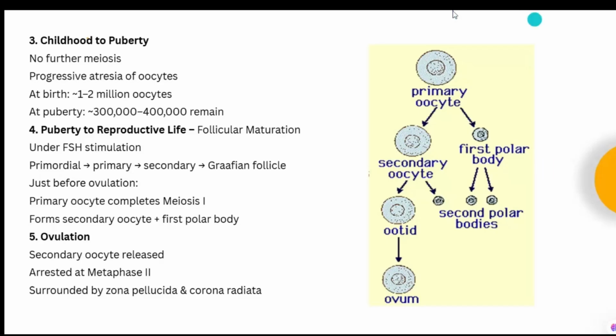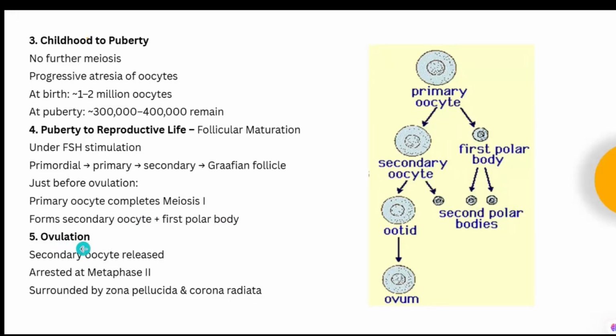So what we have seen is that this primary oocyte started its meiosis, but it had an arrest in the fetal life at the prophase 1 dictyotene stage. Now there will be completion of meiosis 1 at the time of puberty, and it will form the first polar body and convert into the secondary oocyte. So the secondary oocyte and the first polar body will form.